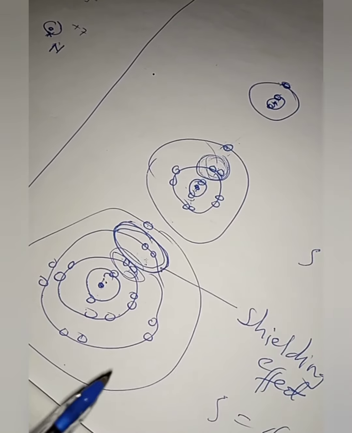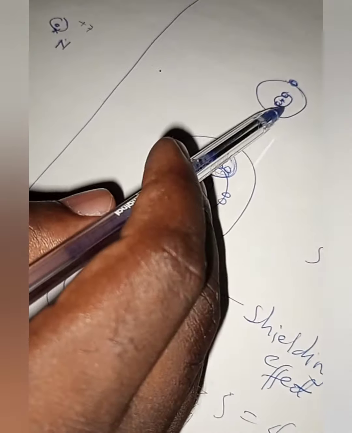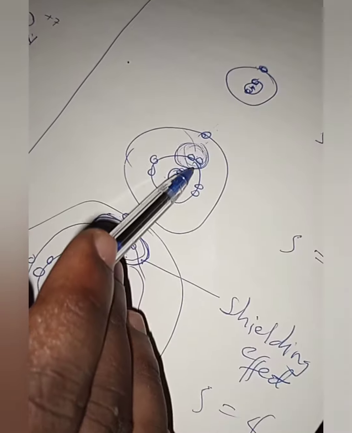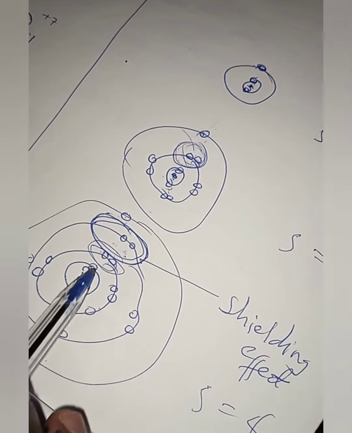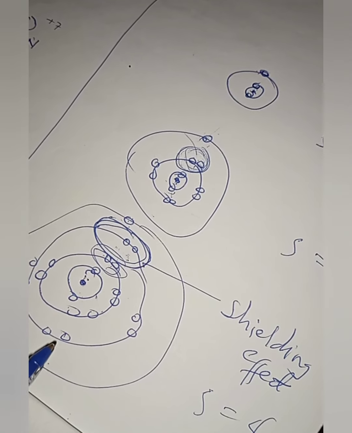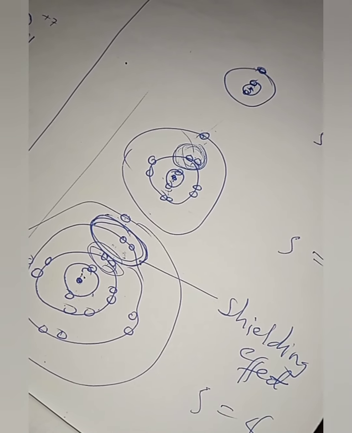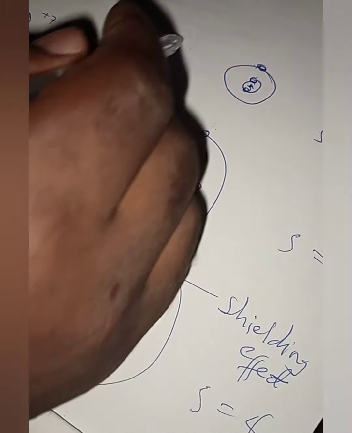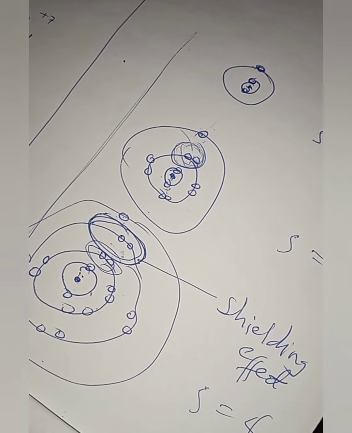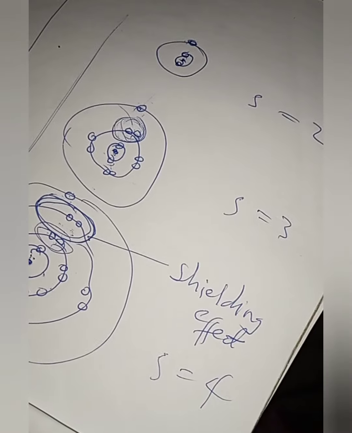And when you consider the energy levels, you see this one has only two shells. One, two. And this one has one, two, three. And this one has one, two, three, four. So you can see what I'm talking about. So when we are going like this, the size will be what? Increasing. Are you getting me? When you are going like this, the size will be increasing because of the number of shells, that is, the energy levels.